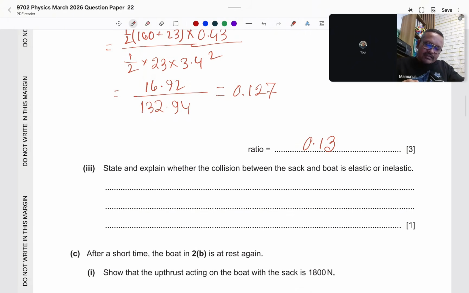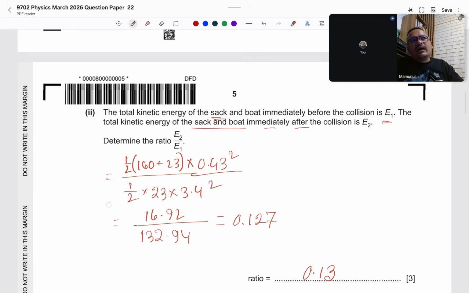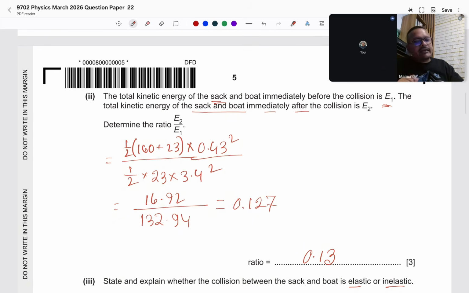State and explain whether the collision between the sac and the boat is elastic or inelastic. See one thing here, what are the conditions for elastic collision and inelastic collision? If before collision kinetic energy and after collision kinetic energy are equal, the collision is elastic.